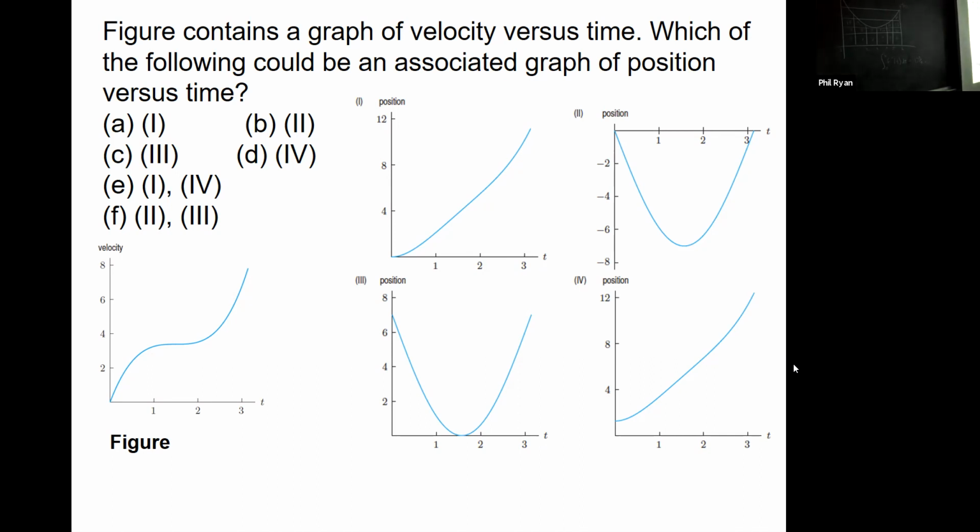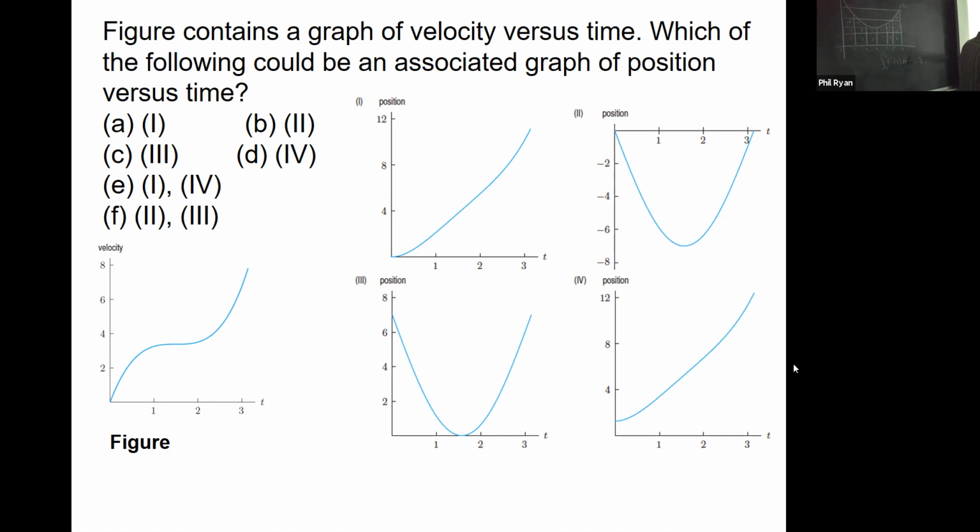Remember how we had these problems where we went the other way around, where I gave you a function and I told you which of these is the derivative. Now it's the inverse problem. I give you the derivative. Which one of these could have been the function? So this is velocity, which one is position? So how do we go about doing this?